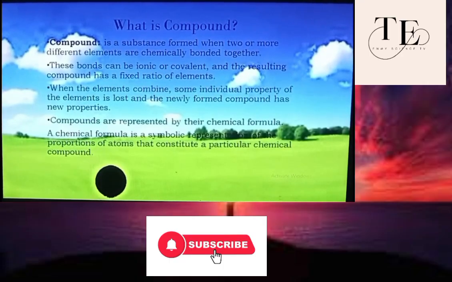A chemical formula is a symbolic representation of the proportions of atoms that constitute a particular chemical compound. So it means that the chemical formula is a symbol that represents the proportion of the atoms that make up that particular compound.